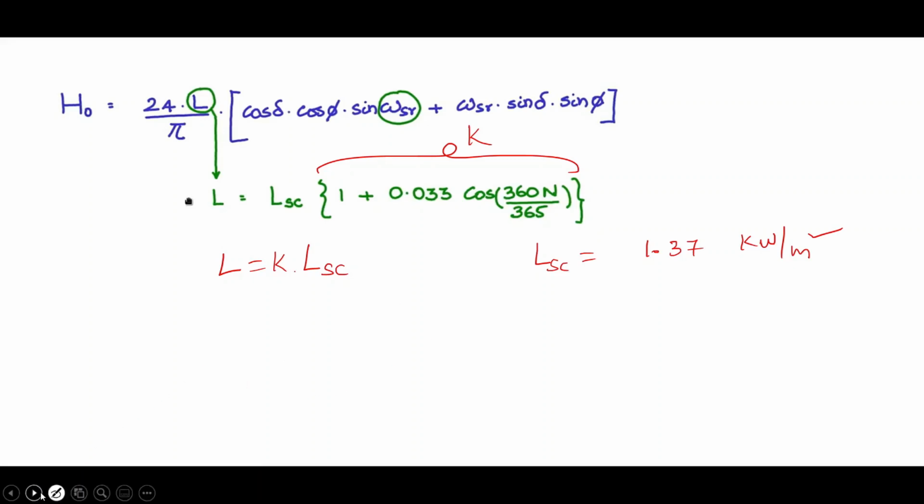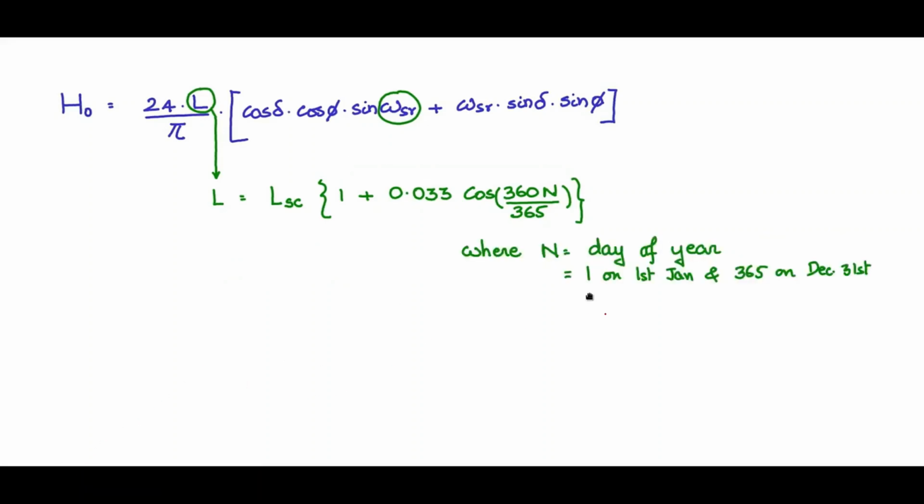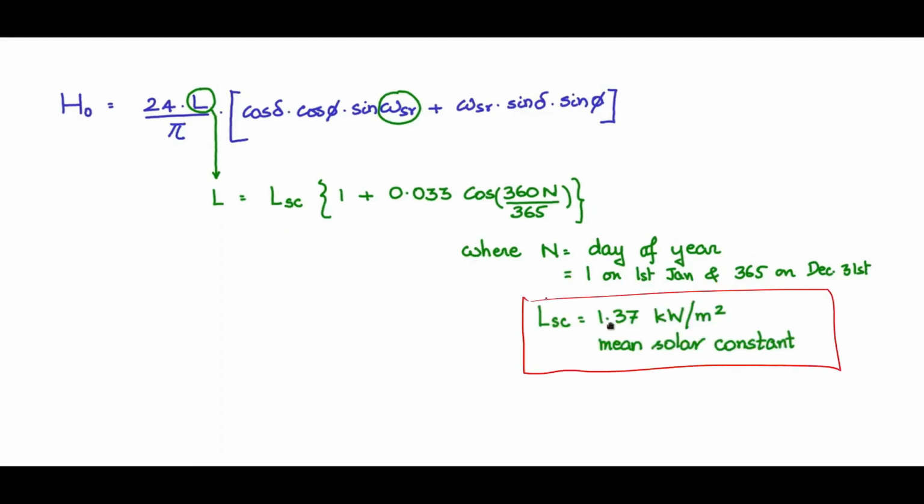Here N is the day of the year. For 1st January, the N value is 1. For 31st December, it is 365. And LSC is a constant value, that is 1.37 kilowatt per meter square. LSC is nothing but the mean solar constant. So I am going to consider this factor as constant K.